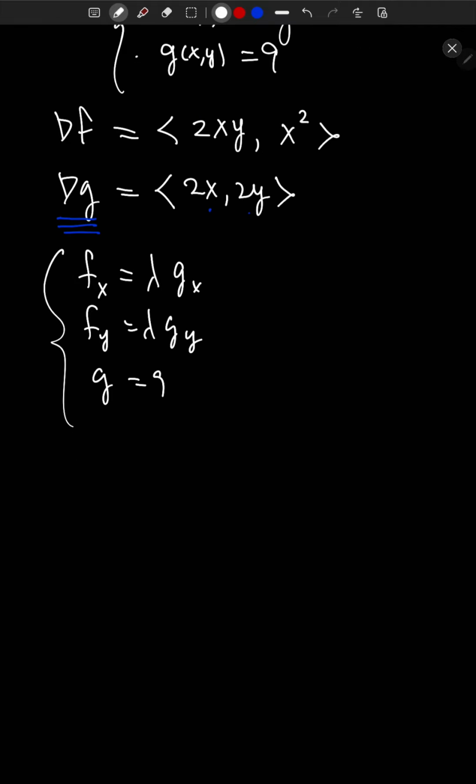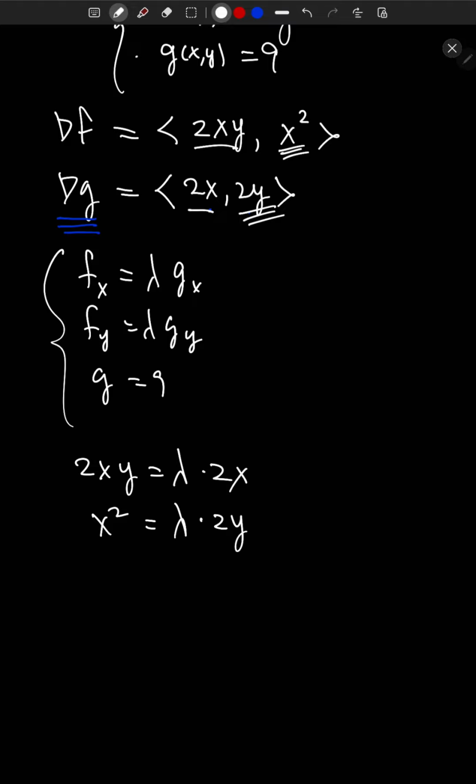In terms of the actual numbers, that's going to be 2xy equals lambda times 2x, x squared equals lambda times 2y, and then the last one, g equals 9, is x squared plus y squared equals 9. All right, and you can see that literally means we want x, y on the circle.